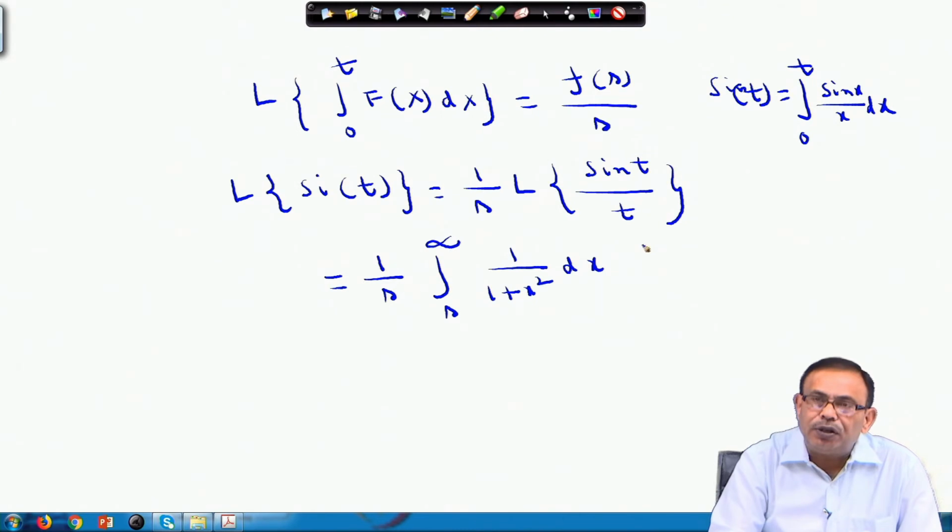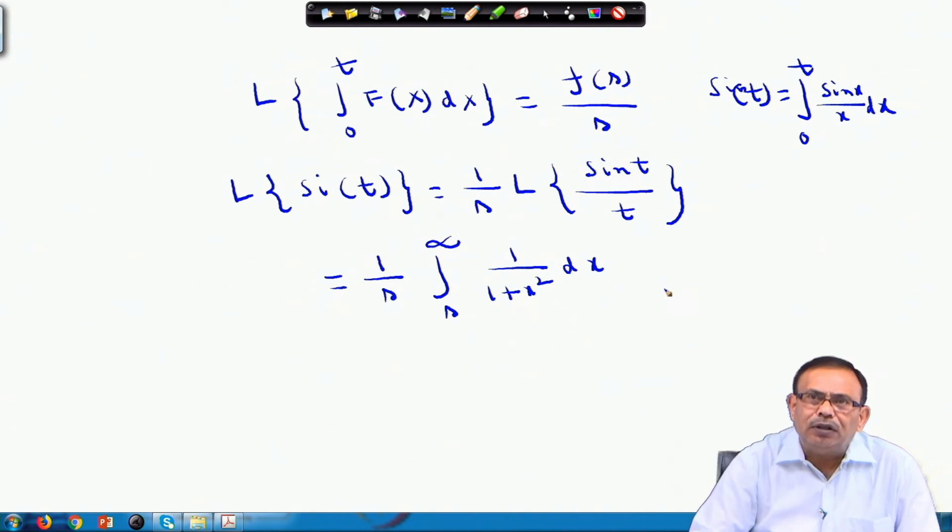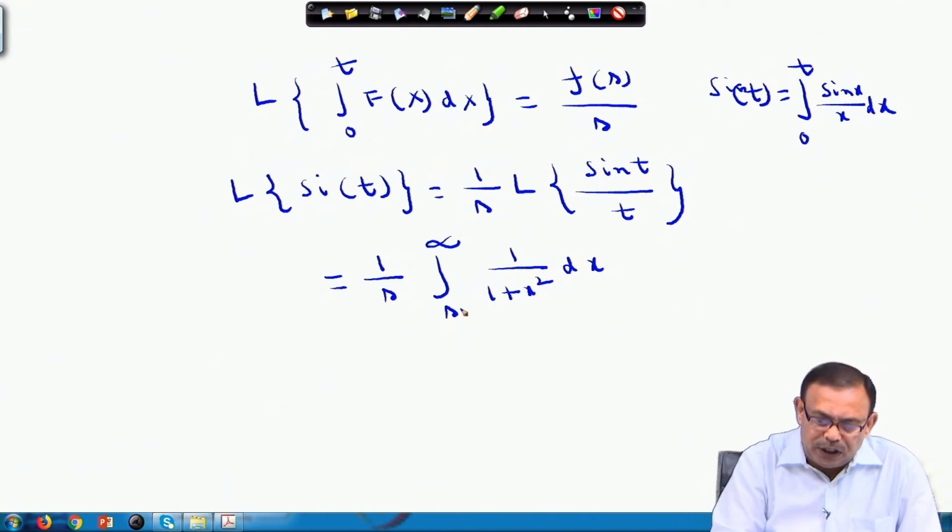Using the division theorem, that means divided by t, if I know the Laplace transform of a function, then the Laplace transform of the function divided by t will be the integral from s to infinity of that transform. The Laplace transform of sin t is 1 by 1 plus t square.